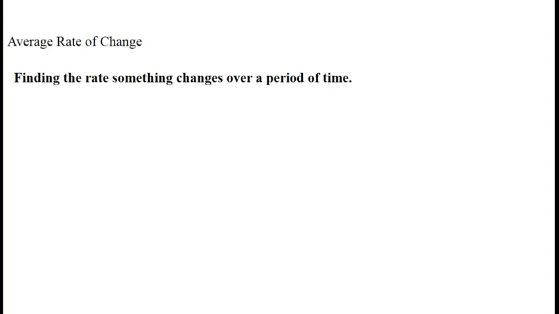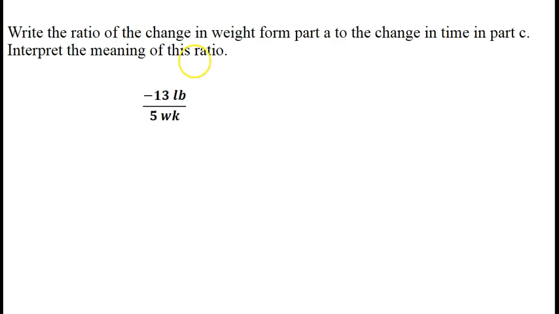Simple enough. It's finding the rate something changes over a period of time. In this case, back up a second, we lost 13 pounds in 5 weeks. And if you divide that out, that's 2.6 pounds per week, because I can divide 13 by 5 and get how much I'm losing per 1 week.